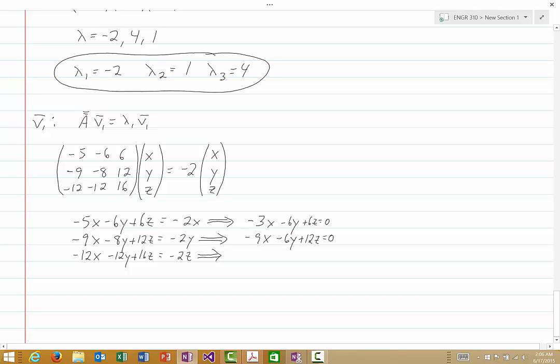And the final one becomes minus 12x minus 12y plus 18z equals 0.